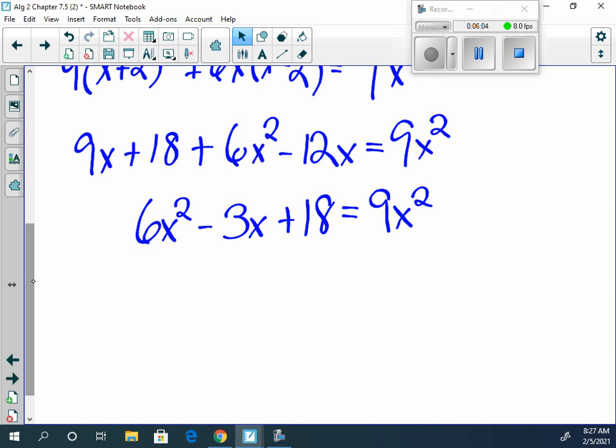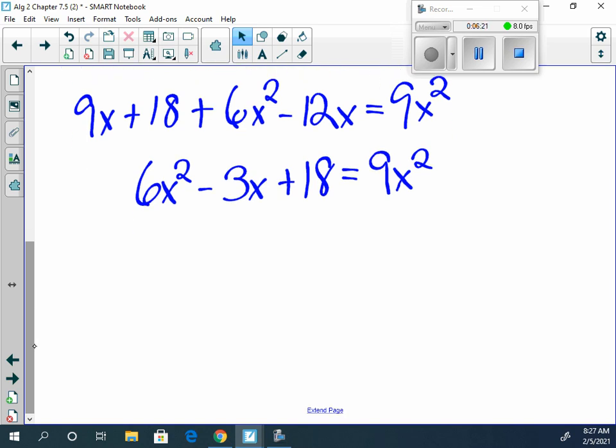We can do this because multiplying or dividing aren't changing the solutions. It's changing everything else around them. So we'll still have the same solutions. We just have to do another step. If I wanted to move everything from the left side to the right, it's going to take me at least 1, 2, 3 steps.